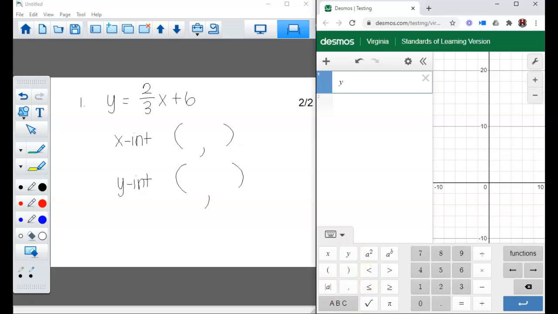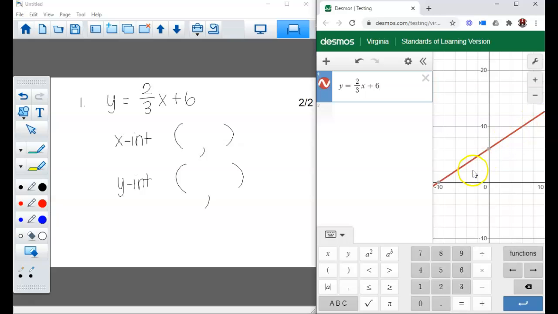So y equals, and then remember to put in 2/3, you hit this division key first to make your fraction bar. So then we put in our 2, and then our 3, and then we make sure that we get back out there beside the fraction before we type the x. So 2/3 x, and then plus 6.